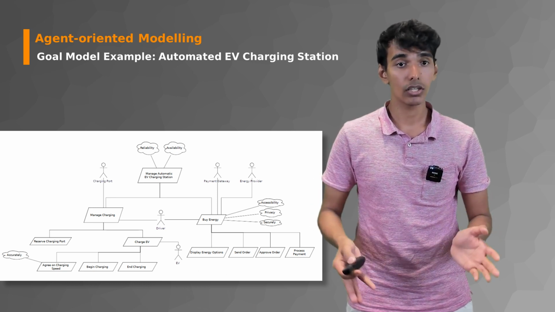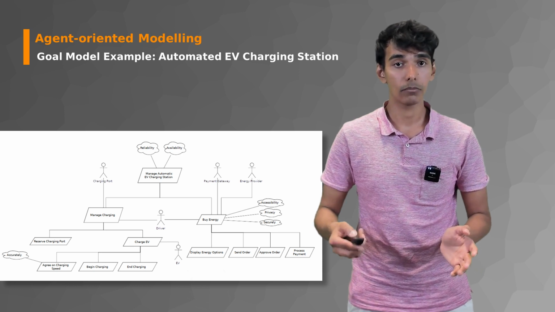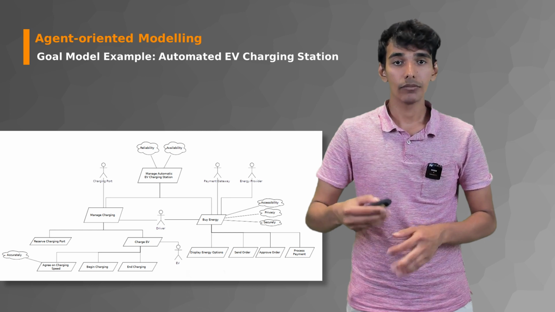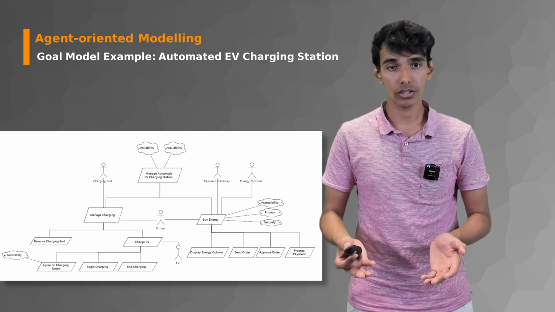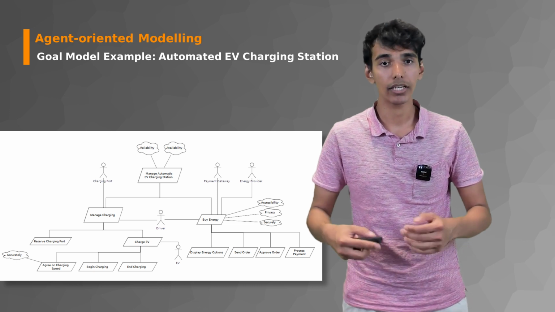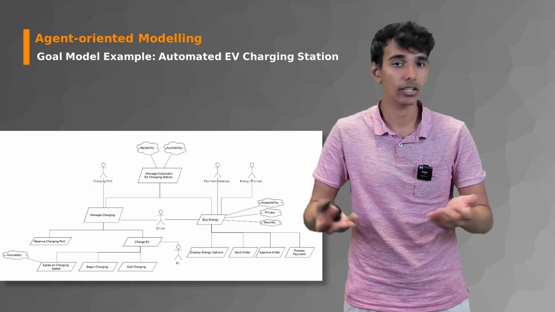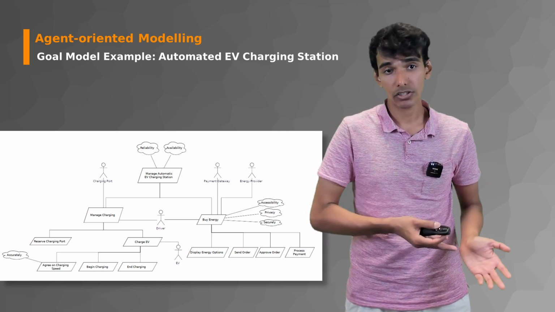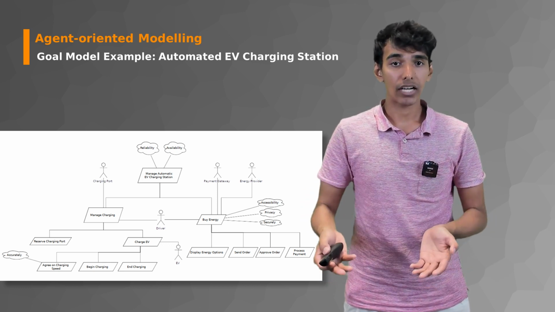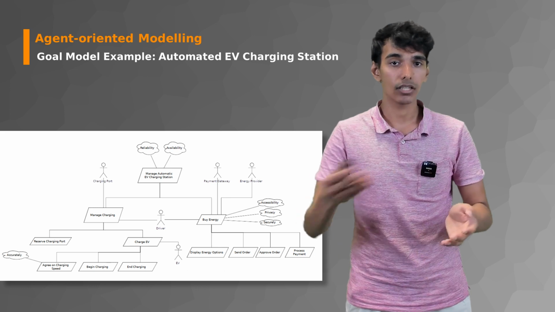Similarly, you can have another part of this diagram on the right side with the whole process of buying energy for the charging. Depending on the scenario, either you buy a specific amount of energy in kilowatt hours before you start charging, or based on how much you've charged, a certain amount of calculation happens on the fly.